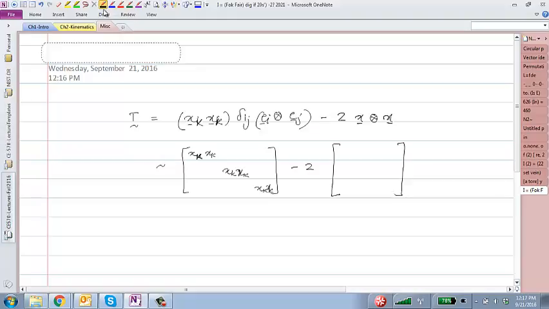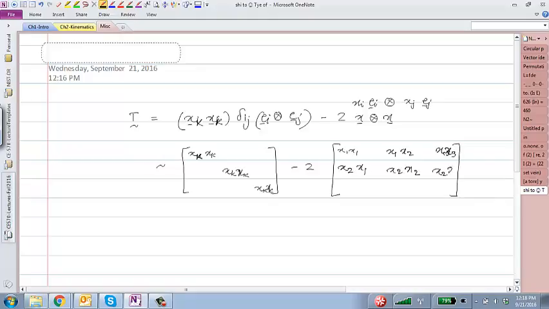Right, the components of this would just be x_i e_i dyad with x_j e_j. So the components would just be x_i x_j, which is x1 x1. I think I'm going to need more space. x1 x2, x1 x3, x2 x1, x2 x2, x2 x3, x3 x1, x3 x2, x3 x3. In components, that's what it looks like.